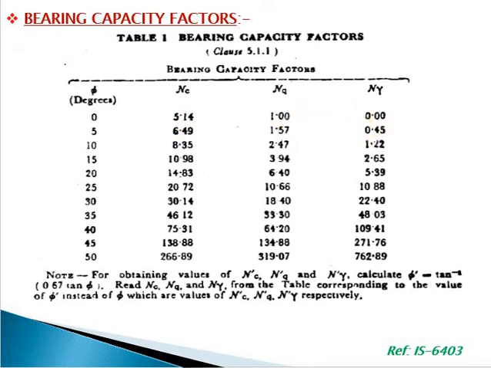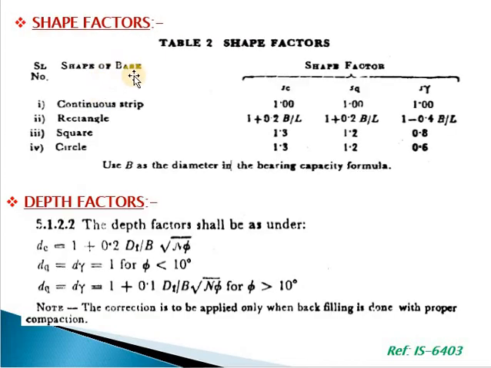Next are the shape factors. This is Table 2 of IS 6403, and the shape factor depends on the shape of the foundation. For continuous strip footing, Sc is equal to 1.0, Sq is equal to 1.0, and S gamma is equal to 1. For rectangular footing, it is as shown, and for square footing 1.3, 1.2, and 0.8.